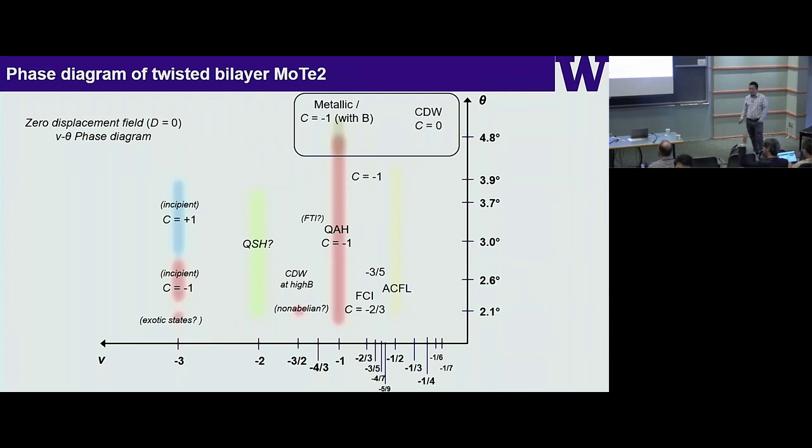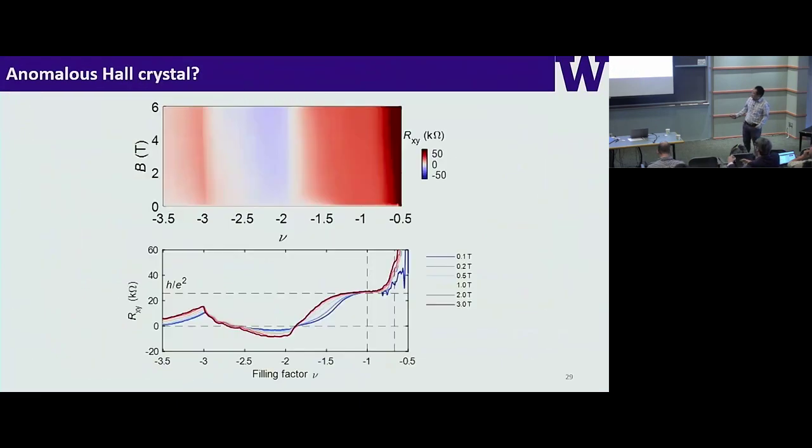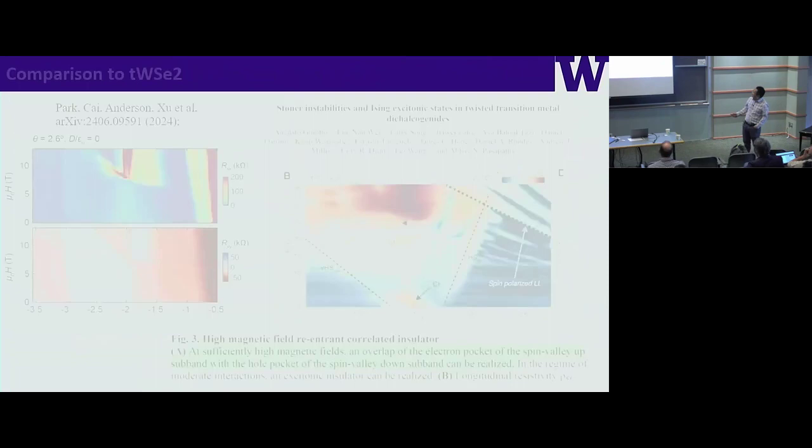More questions? Yeah. Let me press you on one point. What is the evidence at -3/2 of a non-abelian state, besides some theoretical papers that don't take into account many things? Thank you for the question. I can go back to my slides to emphasize this point.